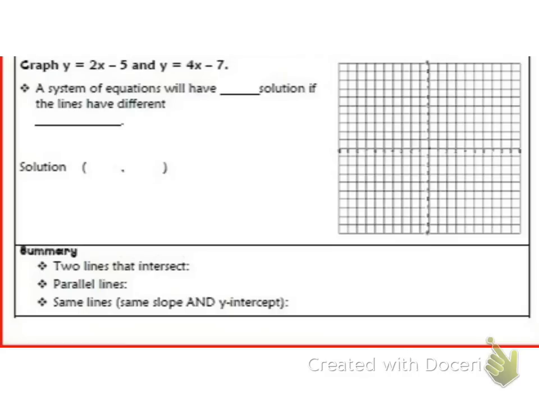And finally, we're going to be graphing the system y equals 2x minus 5 and y equals 4x minus 7. So I have a y-intercept at -5 and the slope of +2.